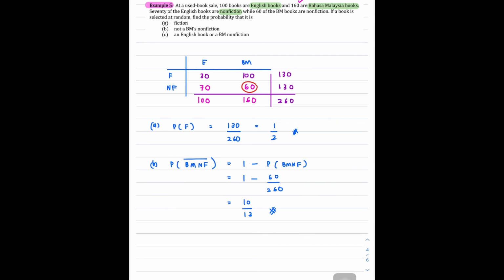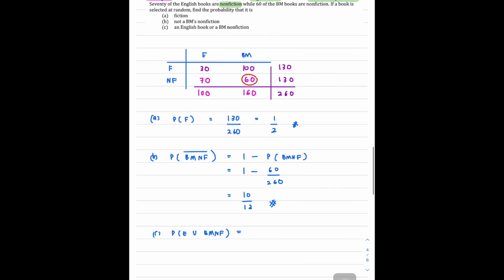Okay, part C. An English book, so you have English union a BM non-fiction. Whenever you have the union symbol, just use the addition rule formula.